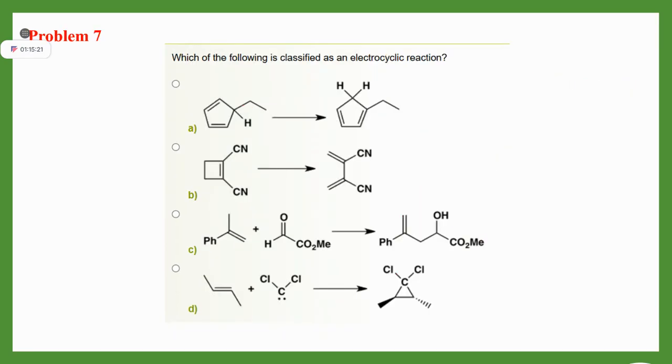In problem number 7, they are asking which of the following is classified as an electrocyclic reaction. See, in slide number 2 or 3, I have told you the key feature of an electrocyclic reaction.